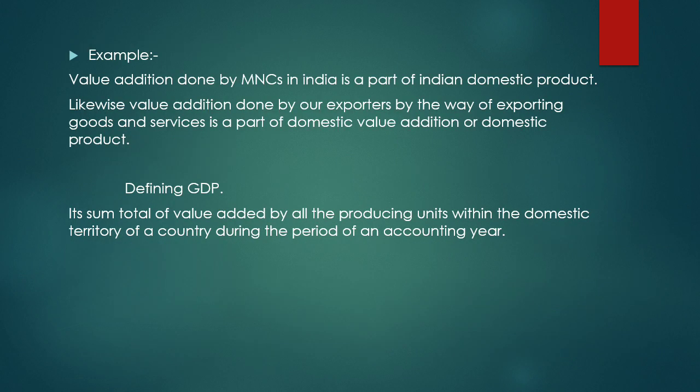Some examples we can check. First, value addition done by MNCs. We know about MNCs, multinational corporations. In India, whatever commodity an MNC produces within the domestic territory of India will be considered part of the domestic product. Remember this.